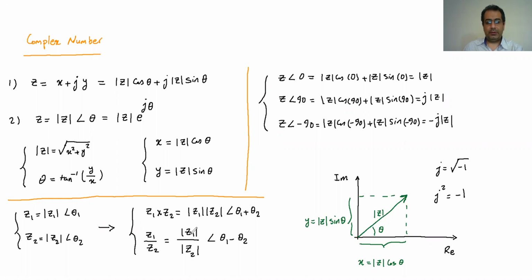If I divide them, I divide the magnitudes and subtract the angles. We use these two a lot too. I discussed these in detail last time, so this is a very quick overview. Just remember them when we are working in the rest of these chapters, particularly when we are dealing with AC signals.